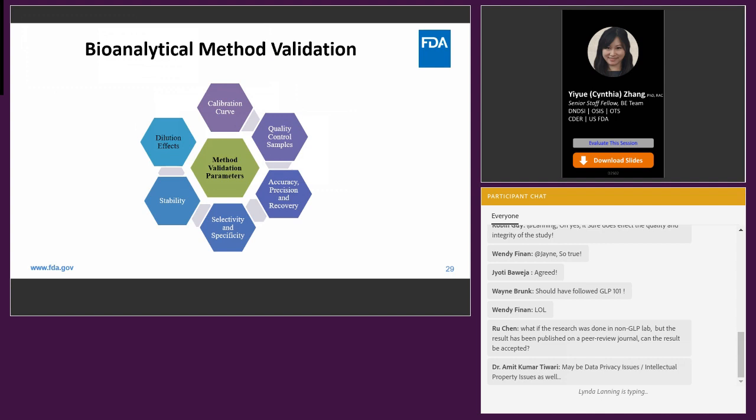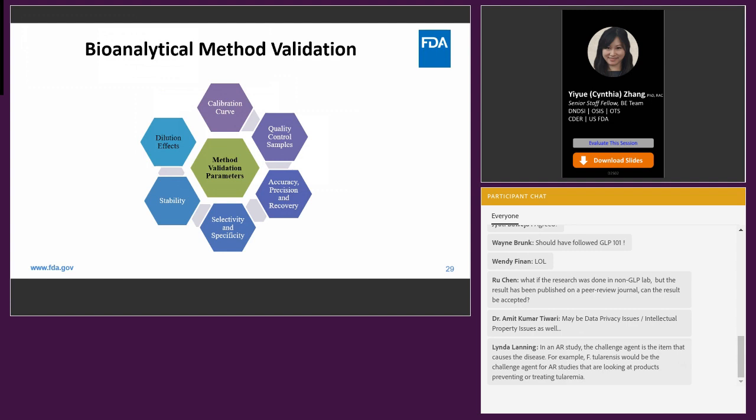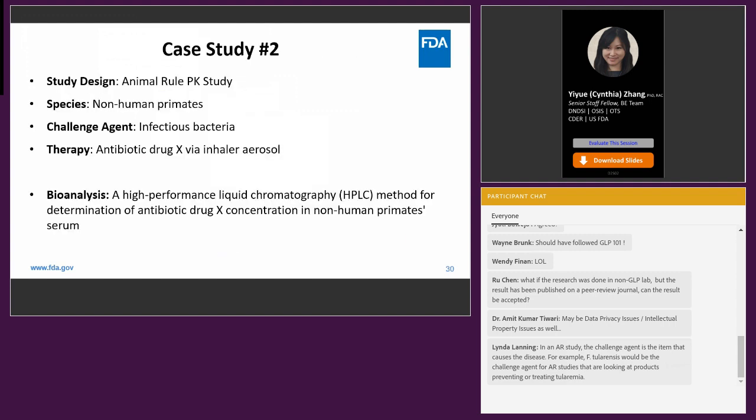The common method validation parameters include calibration curve, quality control samples, accuracy, precision, and recovery, selectivity and specificity, stability, and dilution effects, among others.